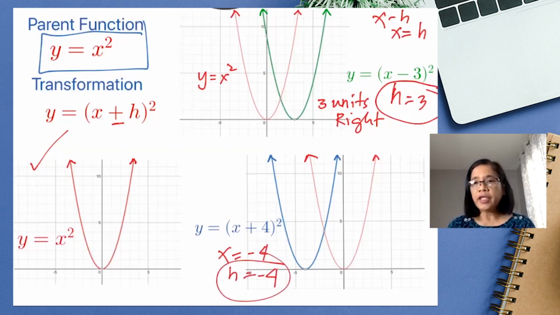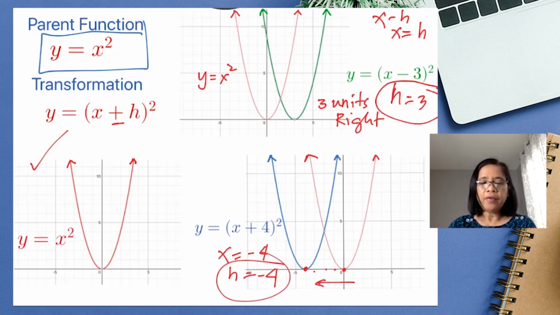So h negative 4 means you move 1, 2, 3, 4. So the vertex here is moved 4 units to the left. Be careful. Again, the main confusion here, when students see the plus sign, they think that they have to move to the right. It's not the case. You have to move to the left.